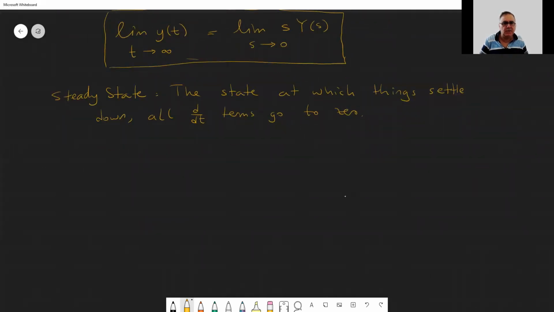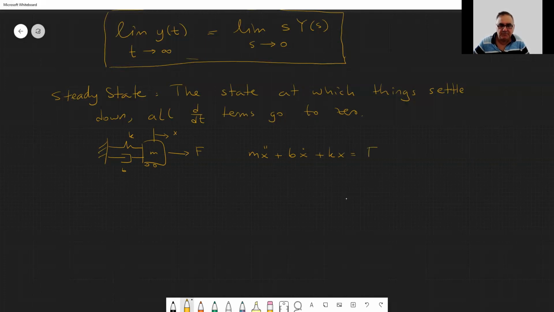So if you think about it, for example, let me just take this example. Again, a mass spring damper system, MKB. This time, let's have a force acting on it, and this is X. So this system has an equation of motion m x double dot plus b x dot plus k x equals f of t, as you know.